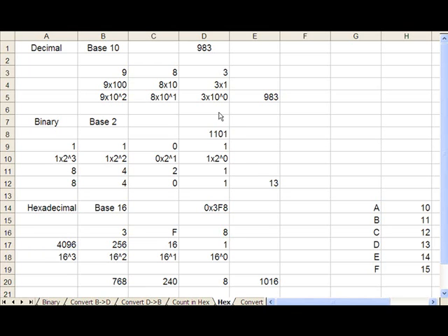So 983, this is the number system that we're used to using all our lives. 983 is 9 hundreds, 8 tens, and 3 ones.